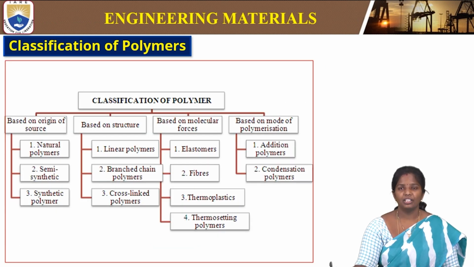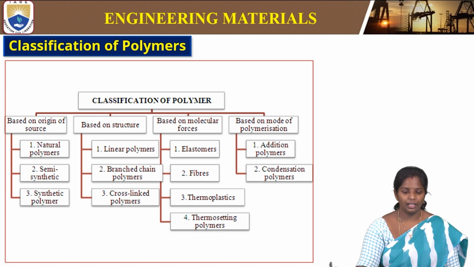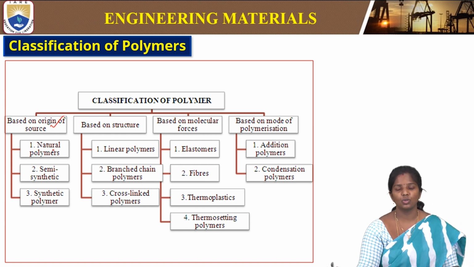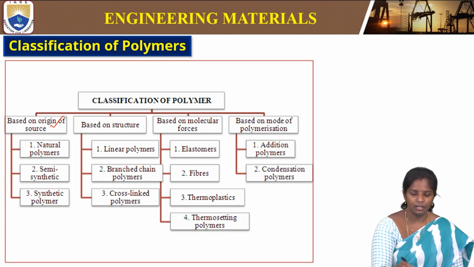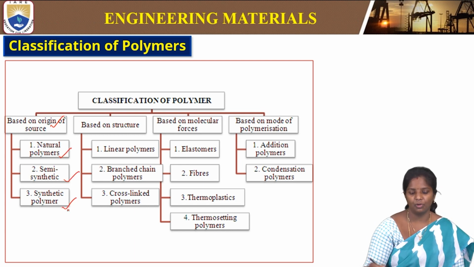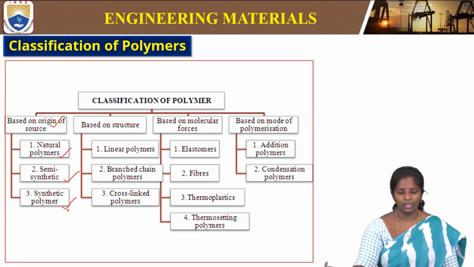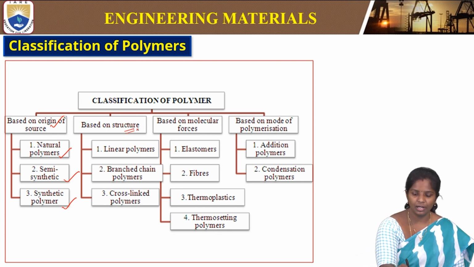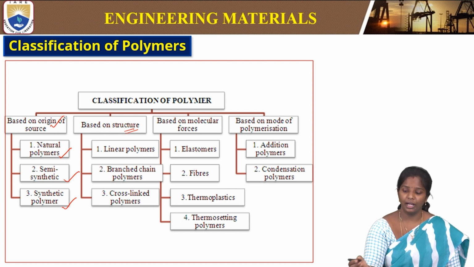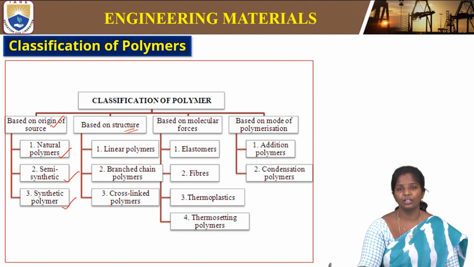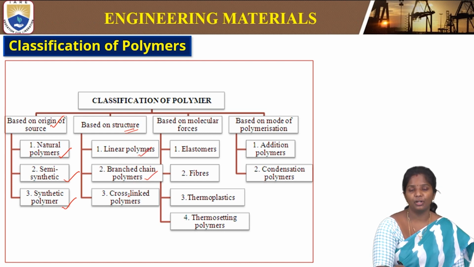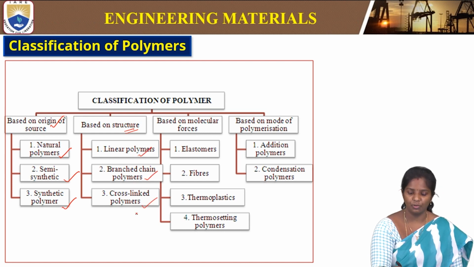The classification of polymers is based first on the origin of source. Depending on the source, there are three types: natural polymers, semi-synthetic polymers, and synthetic polymers. We will go into detail. Then, based on the structure, depending on the arrangement of monomers, there are linear polymers, branch-chained polymers, and cross-linked polymers.